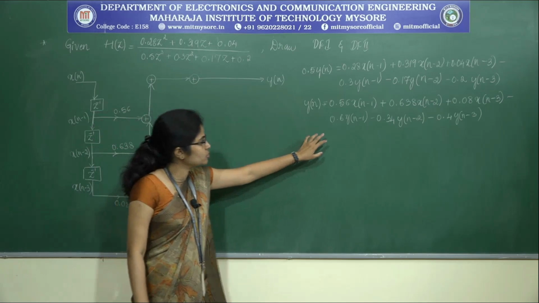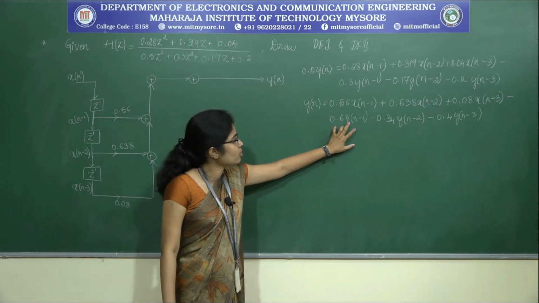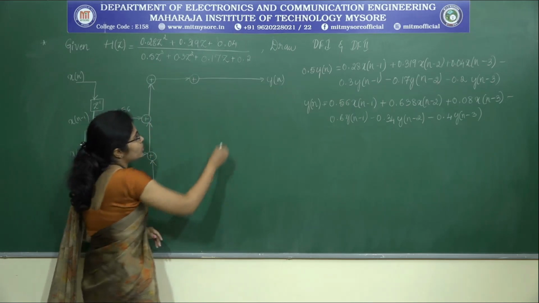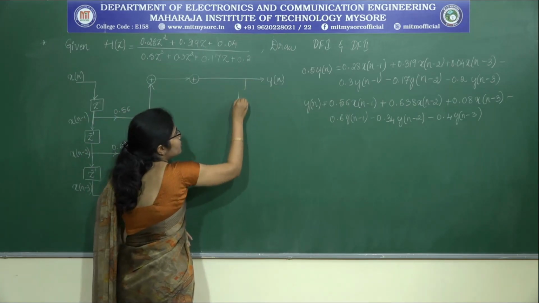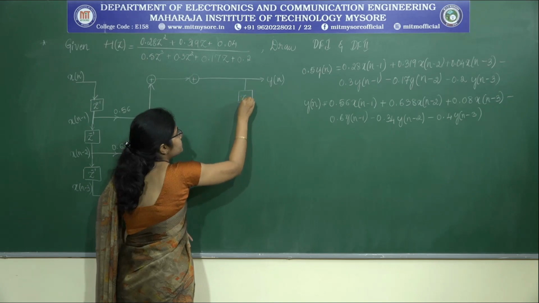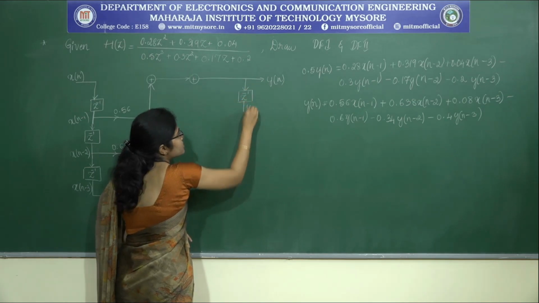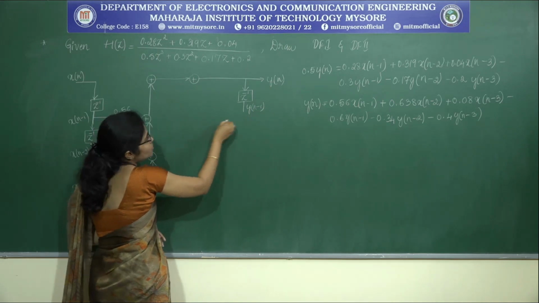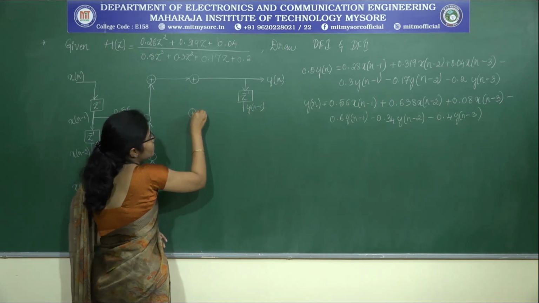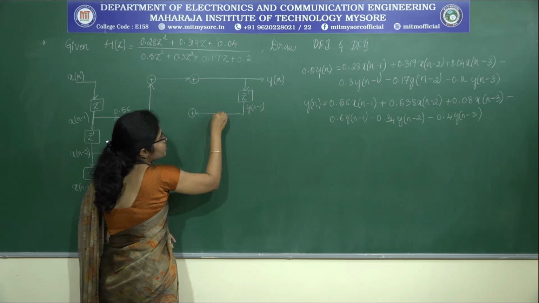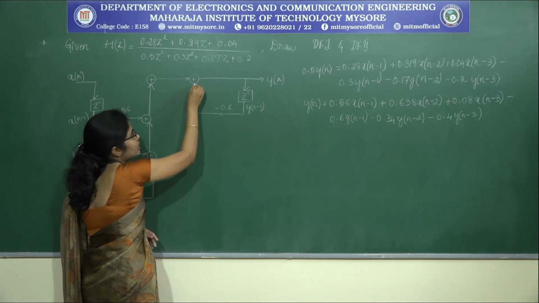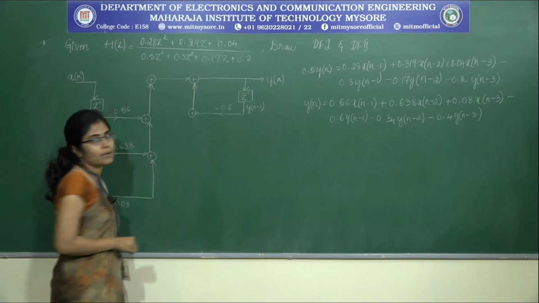So moving on to the fourth term, here y of n minus 1 is nothing but the delayed version of y of n. So what should I do? Delay this y of n once, which gives us y of n minus 1. Multiply this with minus 0.6, connect it to an adder, and connect the output of this adder to the top adder.